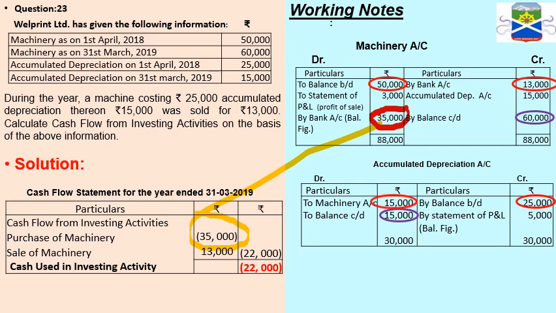Since purchase is bigger than sales, outflow is greater than inflow, that's why we get a negative figure of 22,000, because of which we use the words used in activity. Instead of flow we write used in activity. So cash used in investing activity is 22,000. That is a minus figure. So this is your question number 23.